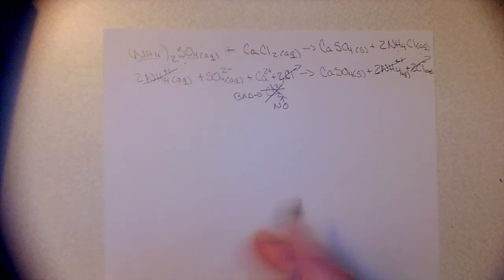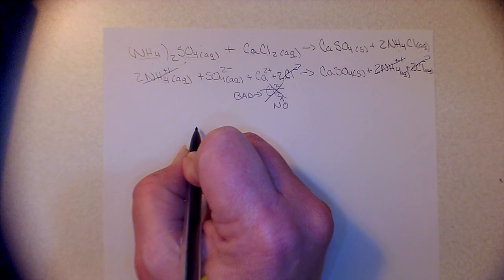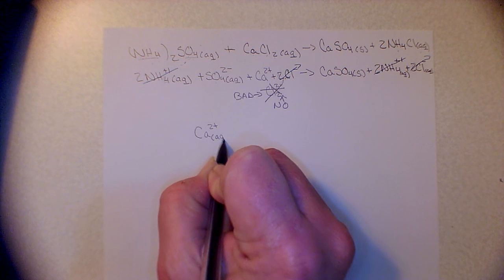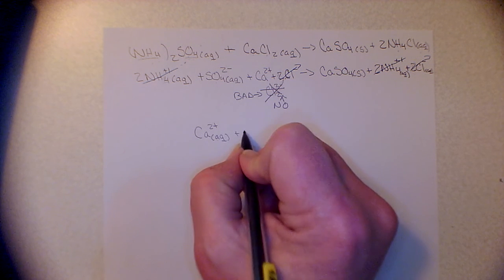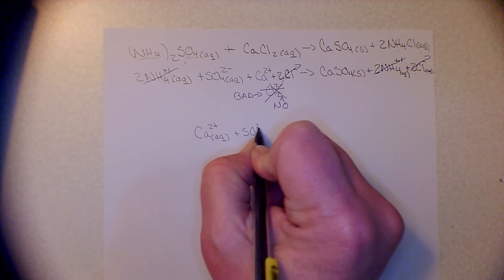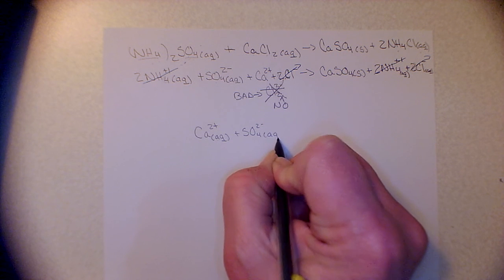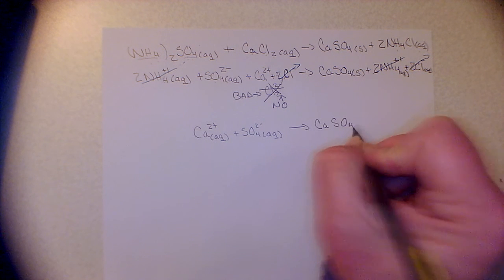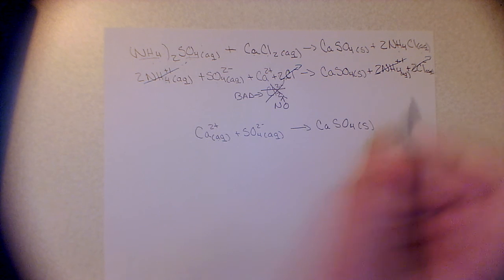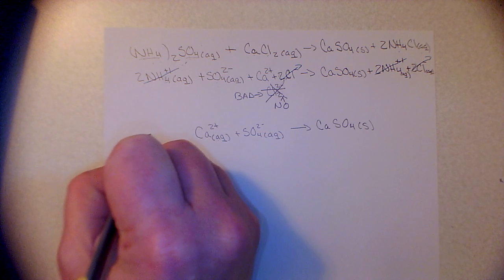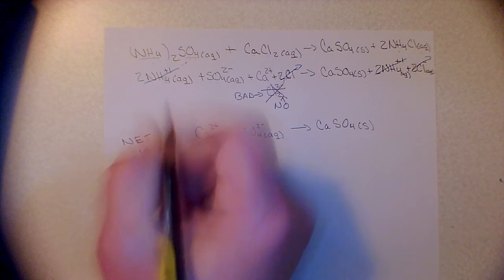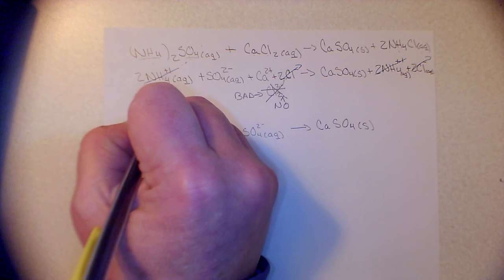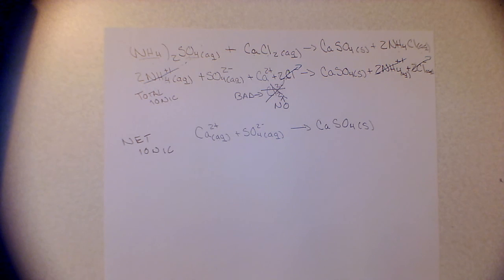So my net ionic equation would be Ca2+ aqueous plus SO4 2- aqueous forming CaSO4 solid. So this is the net ionic, and this is the total ionic. Now you have it.